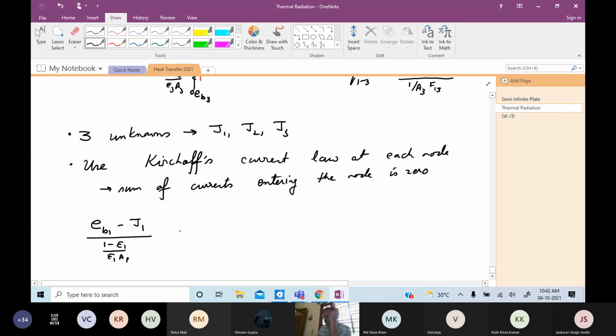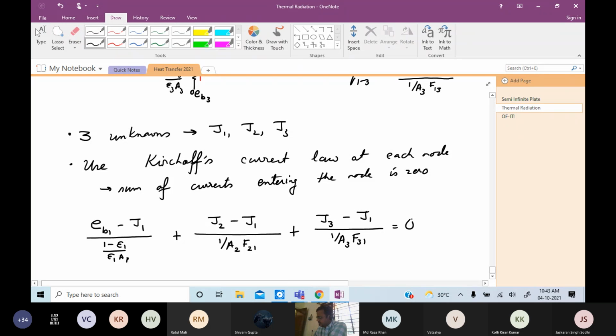Then something will be coming from J2. So I have to write it in this manner. Now finally, whether it will be positive or negative, the circuit itself will take care. So J2 minus J1 over 1 over A1 F12 as well, plus J3 minus J1 over 1 over A3 F31. This is 0.